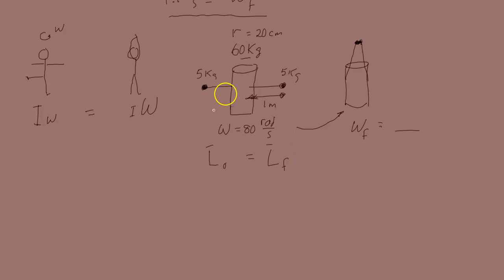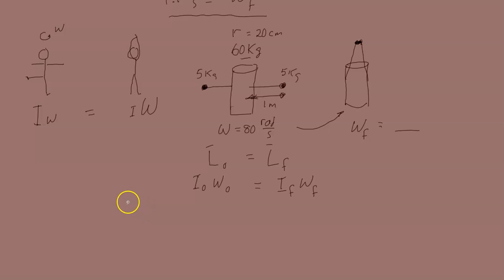So what we have is I initial times the initial angular velocity is equal to I final times the final angular velocity right there.